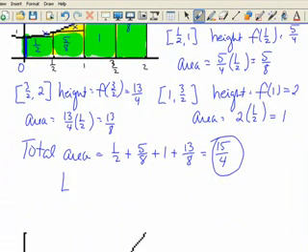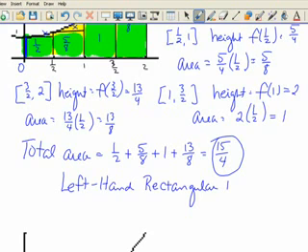So that's called left-hand rectangular approximation, which I would refer to as LRAM. RAM is rectangular approximation. L is left. And this is too small. It's an underestimate.